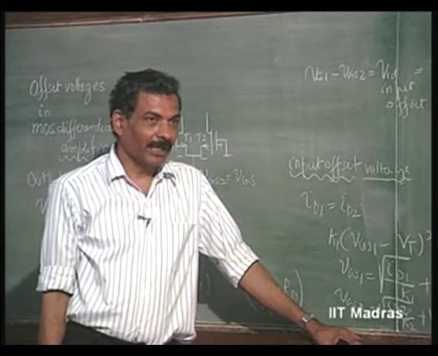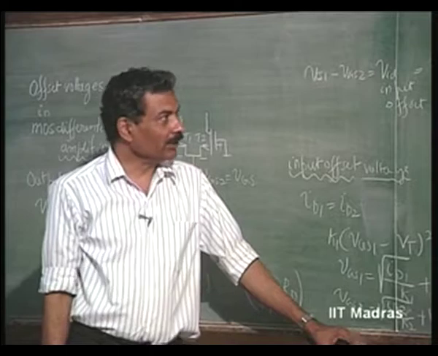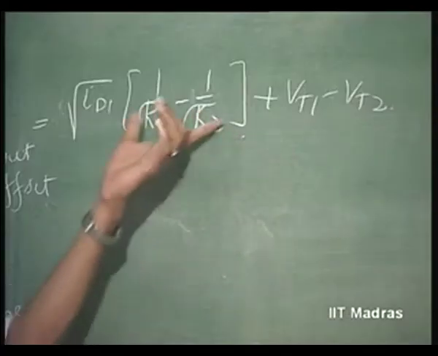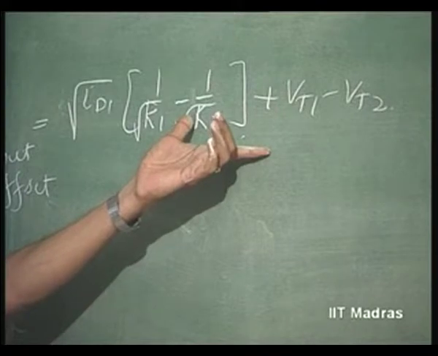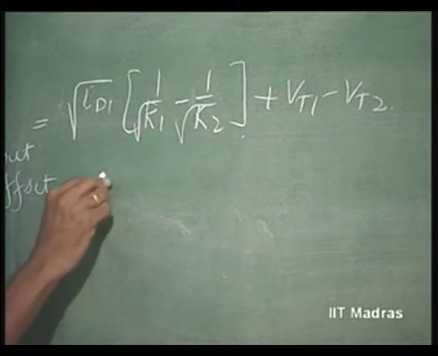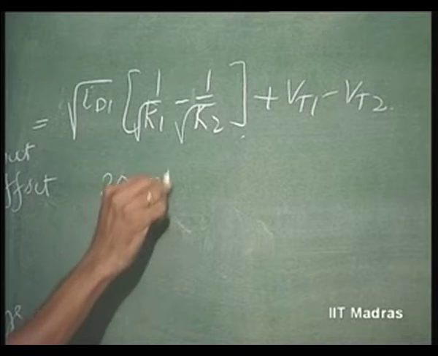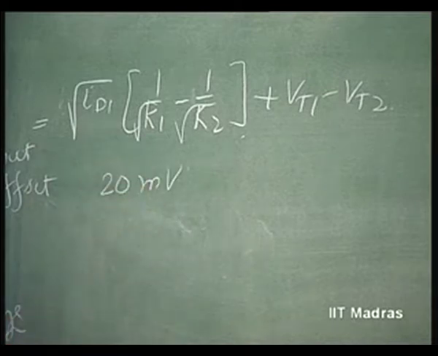This is what you should bear in mind, and therefore, because of such uncertainties in these two parameters, typically a MOSFET differential amplifier has about 20 millivolts offset voltage, as against what we got for BJT, of the order of 1 to 2 millivolts.